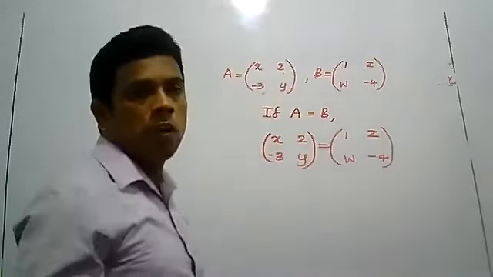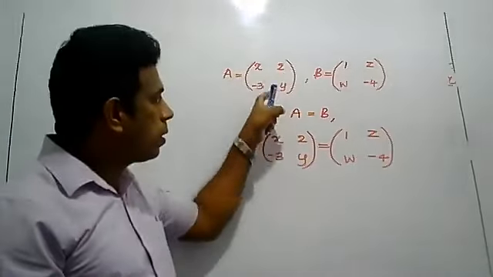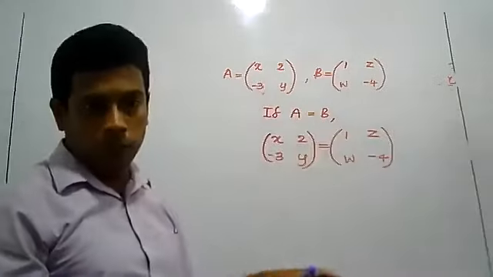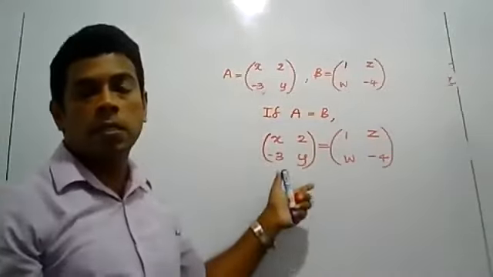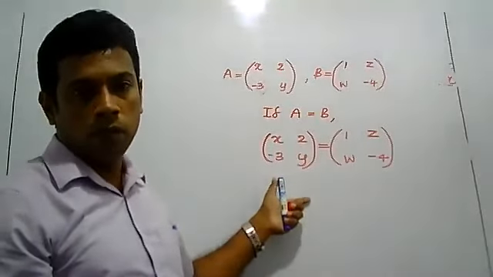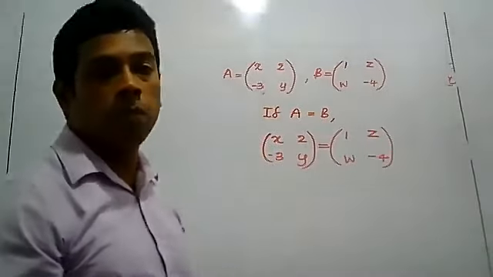Two matrices are of the same order, therefore I have given here that they are equal. Now, when these two matrices are equal, corresponding elements should be equal.